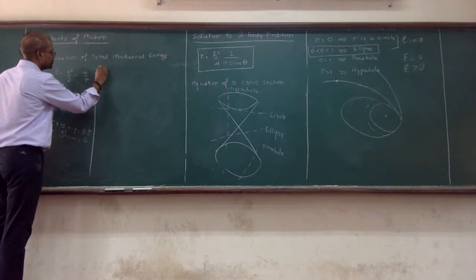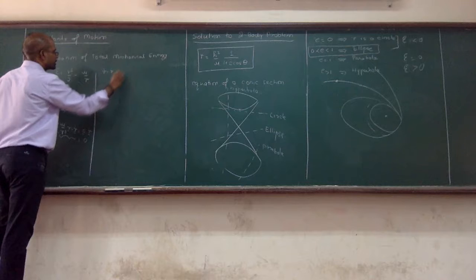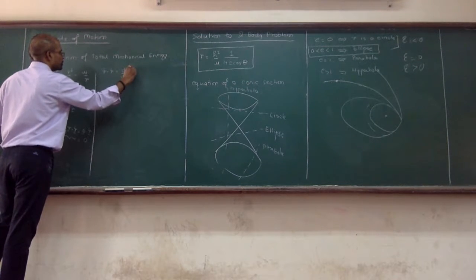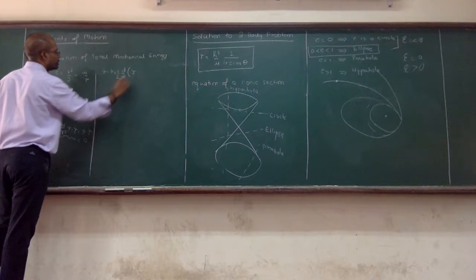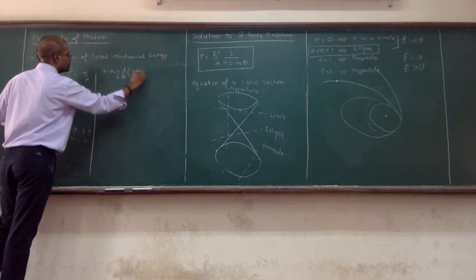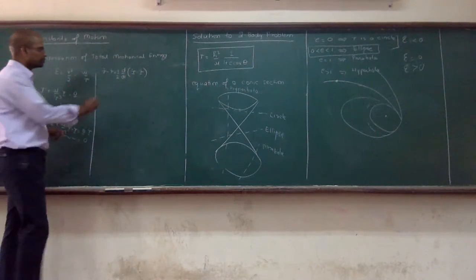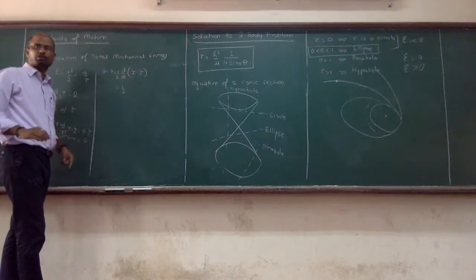This can be written as half d over dt of r dot dotted with r dot. Why so? What is d over dt of r dot dotted with r dot?